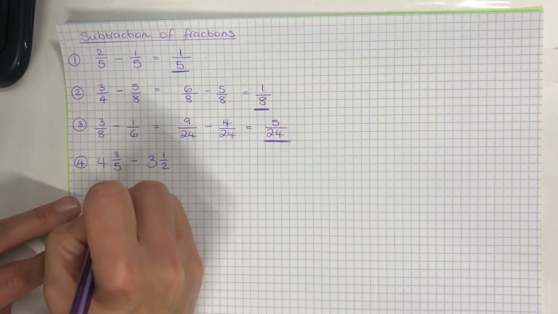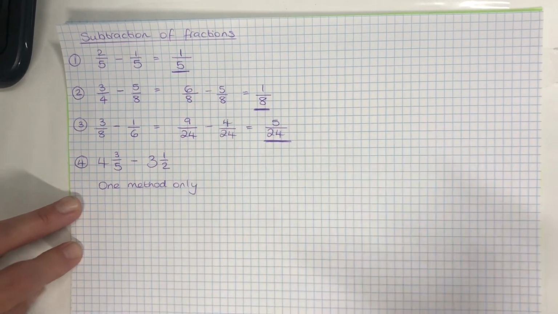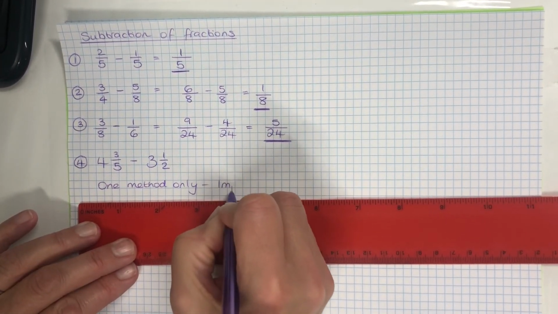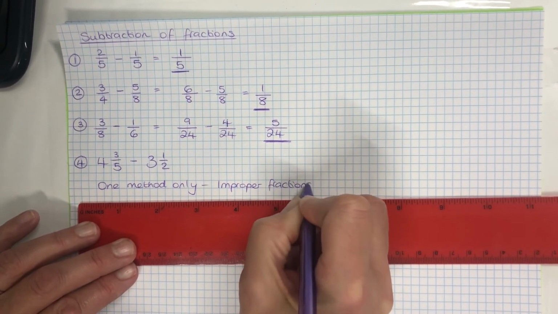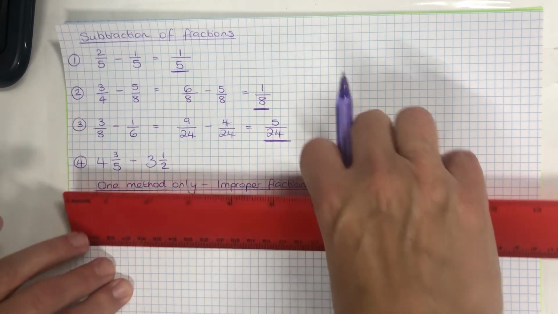Okay, so I'm just going to say one method only. And our method is to use improper fractions. So let's have a look at this and see how it goes.